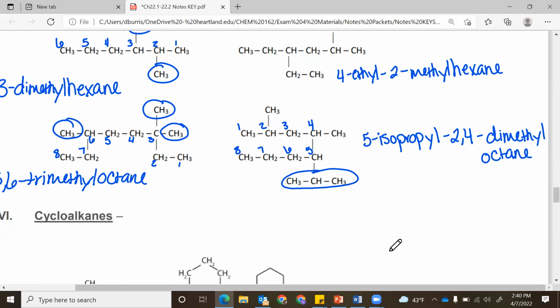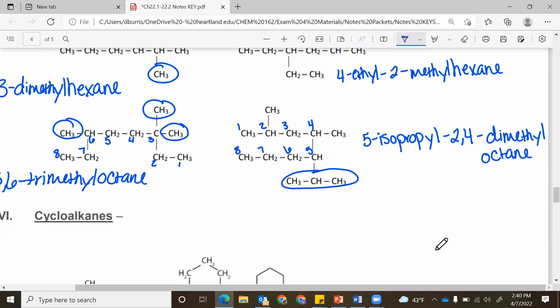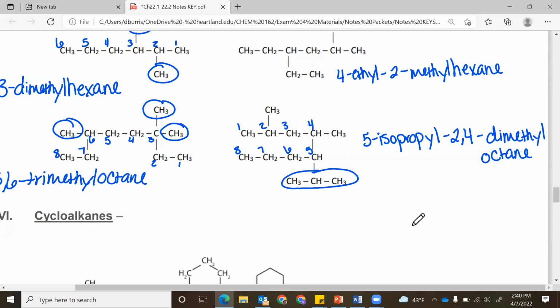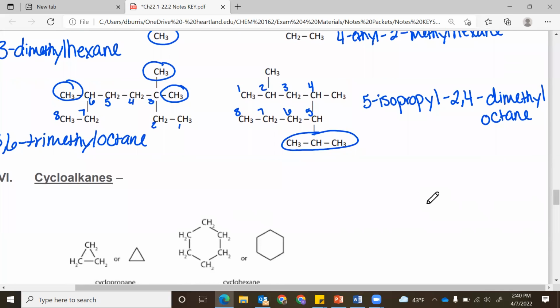Okay, so now we're going to do circles, cycloalkanes, and it's just the same thing except you say cyclo. So if it's 4 things bonded in a circle, which is really a square, it would be called cyclobutane. That's it. To make a cycloalkane, essentially you take off a hydrogen from each end of a chain and then you stick them together. So it actually has 2 fewer hydrogens than a regular alkane does.